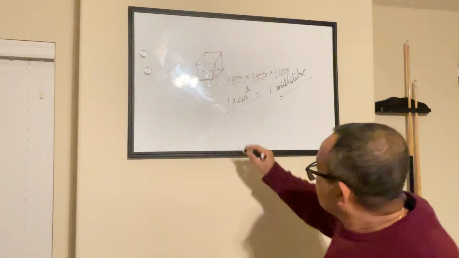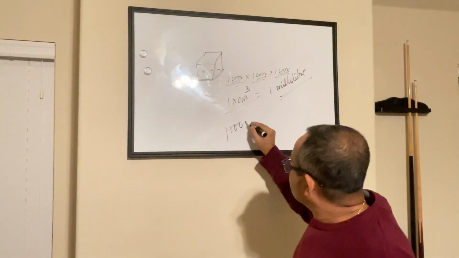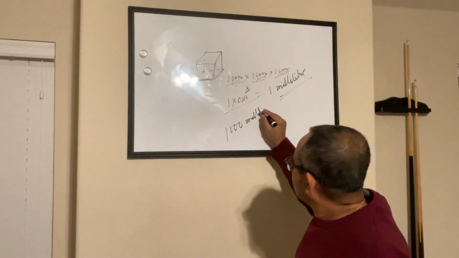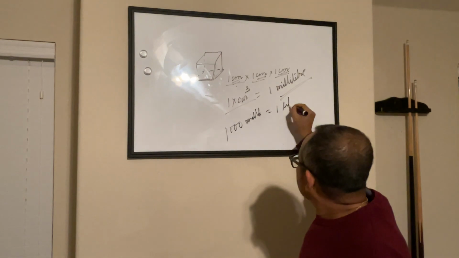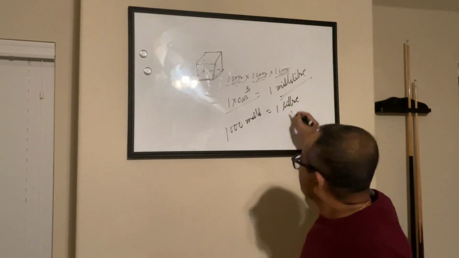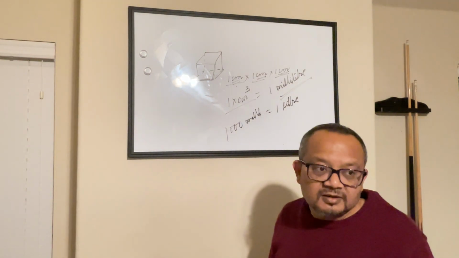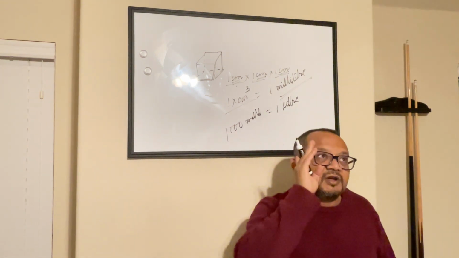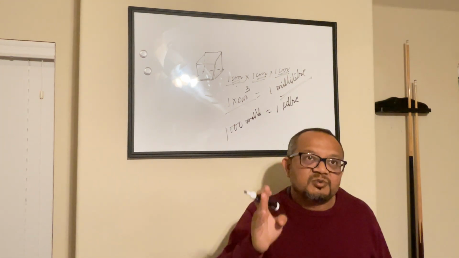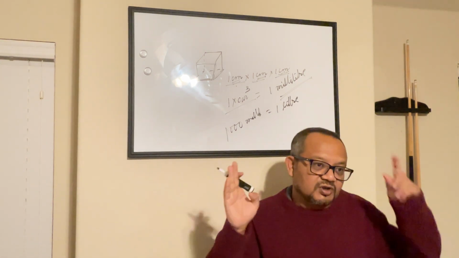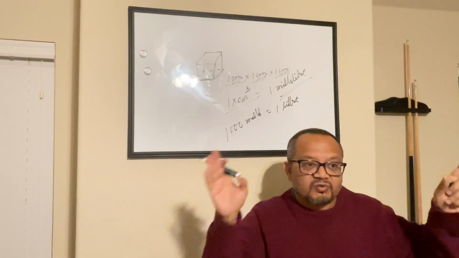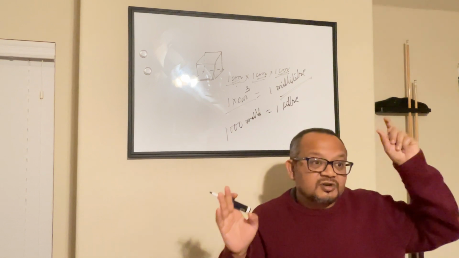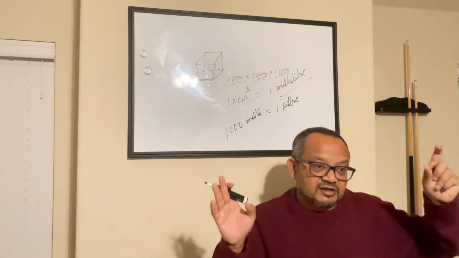So you will know 1000 milliliters equal 1 liter. Like we learned, millimeter, centimeter, decimeter, meter: 1000 millimeters is 1 meter, and 1000 milliliters is 1 liter.